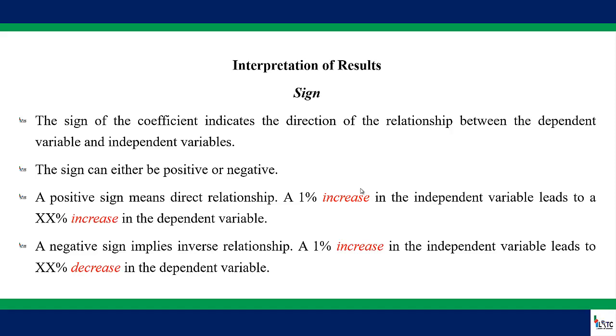Because it converts the variables to percentages, you will be able to say that, for instance, if the relationship between x1 and y is positive, then a 1% increase in x1 leads to X percent increase in y, which is the dependent variable.